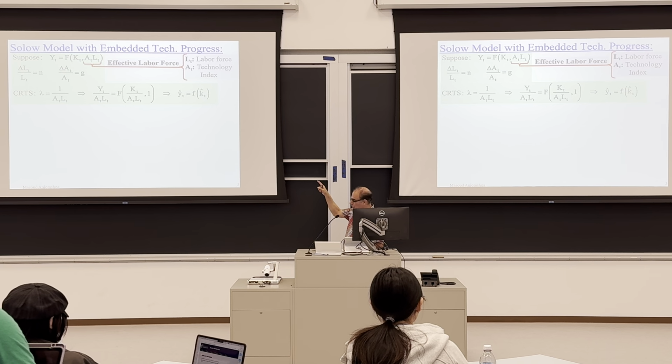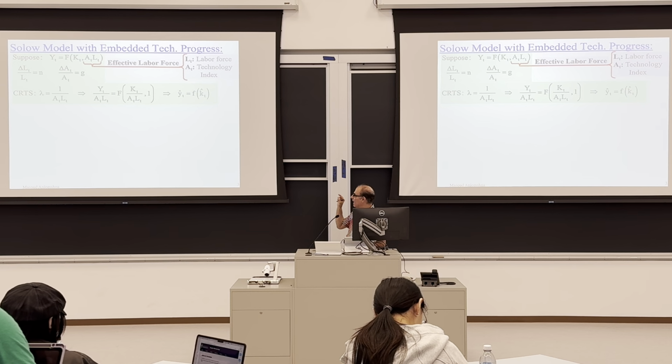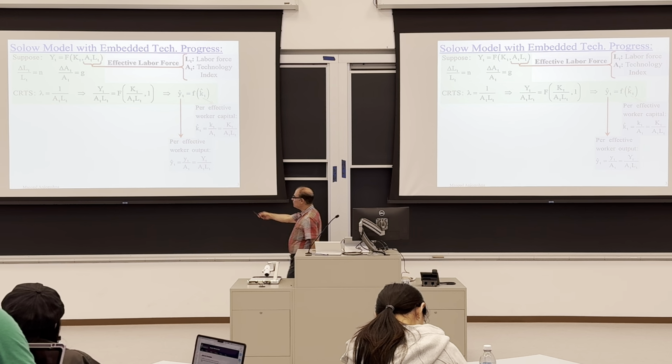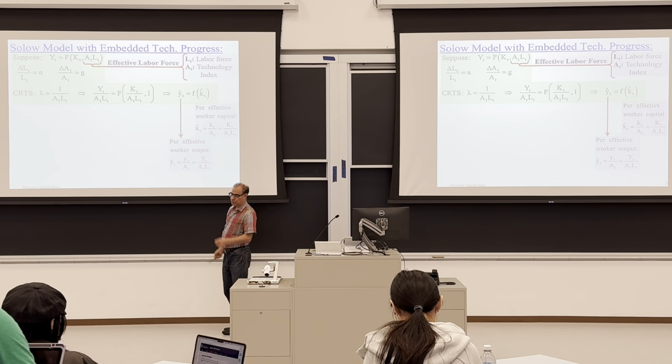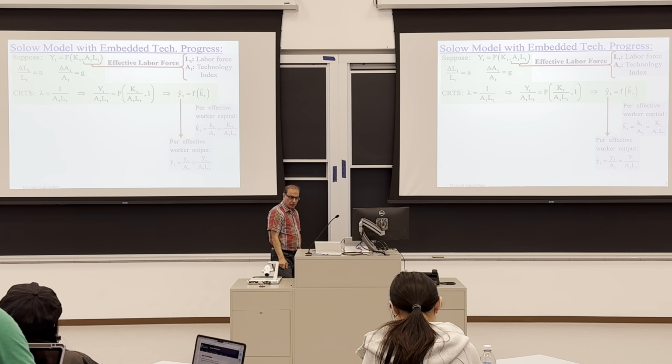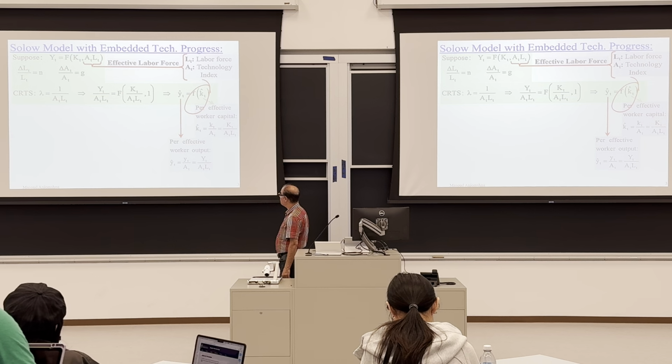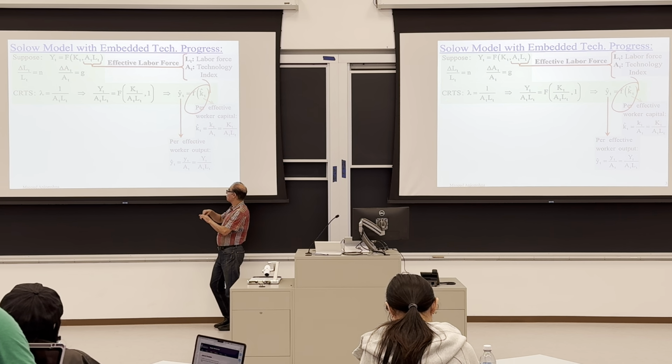we have a new production function. This production function, you see, I am using hat, little k hat, little y hat. Little y hat is per effective worker output. Little k hat, per effective labor capital. Now I have three things.